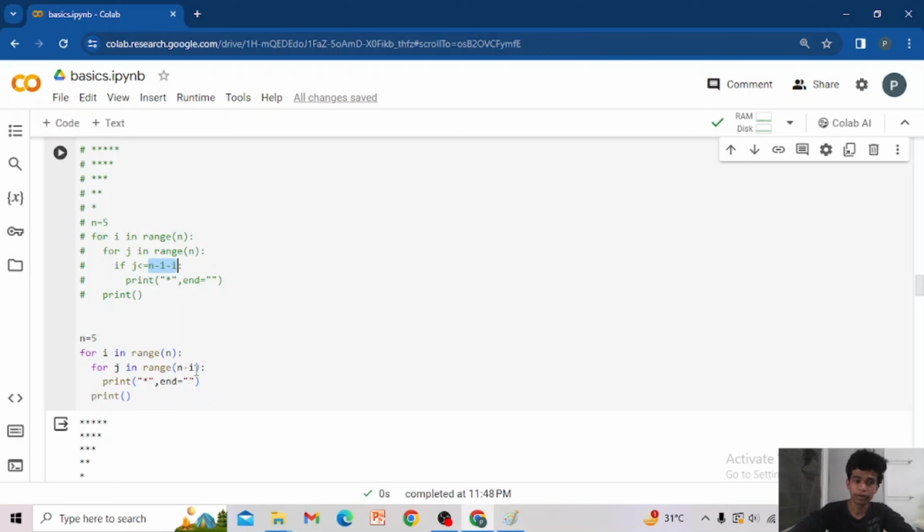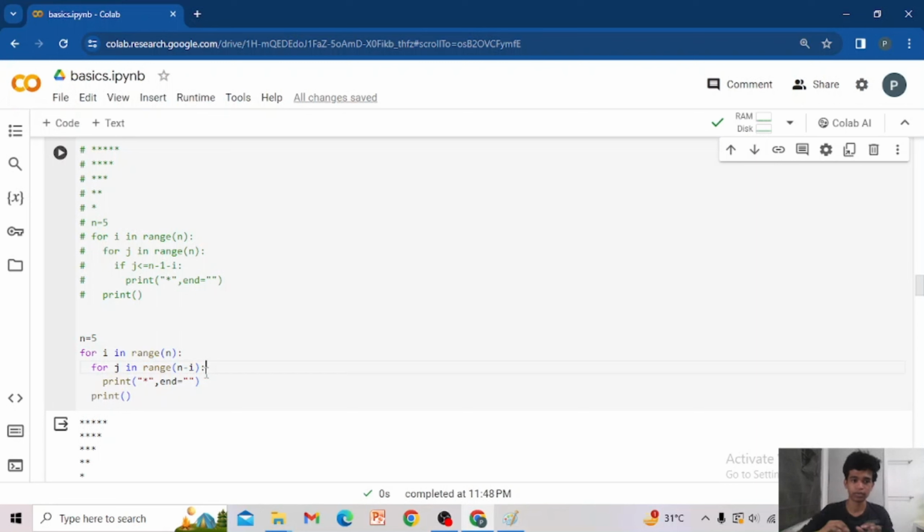But in looping, we know for Python, we always do end plus 1. Because if we put range of 0 comma 5, it will only print 0, 1, 2, 3, 4. So that's why I have used n minus i. So now understand why I am using n minus i here.